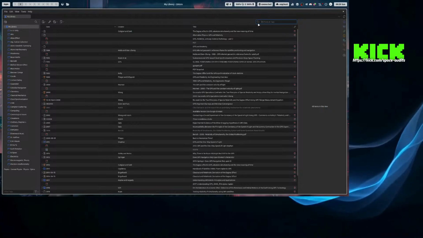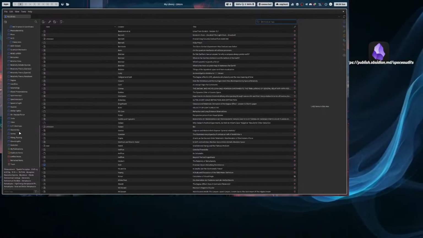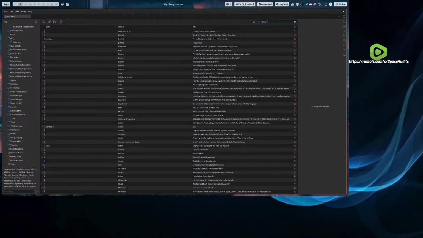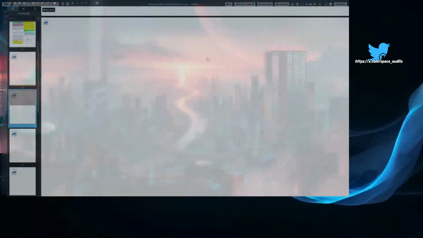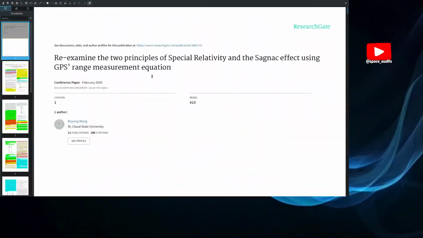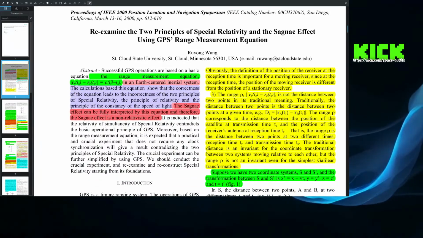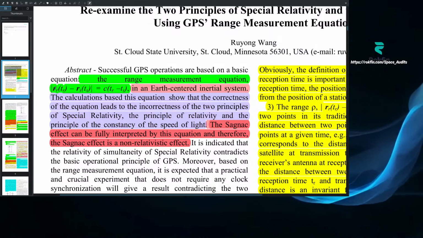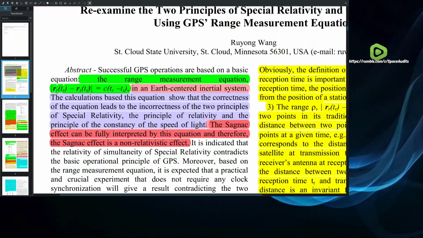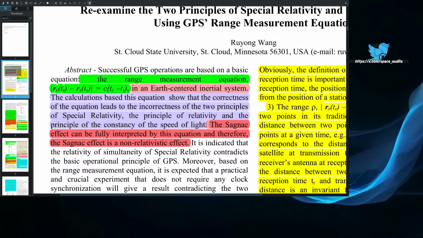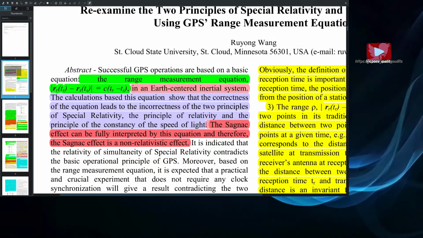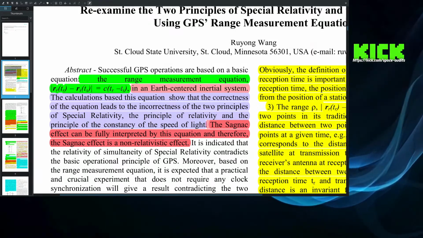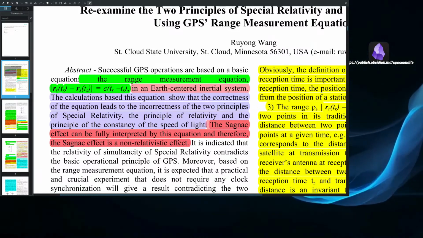Re-examining, right here: the range measurement equation in GPS is the absolute difference in the time the signal was received and the time the signal was sent, equal to the speed of light times the transmitted signal received minus the transmitted signal sent. So that's how they're deriving distances from it.